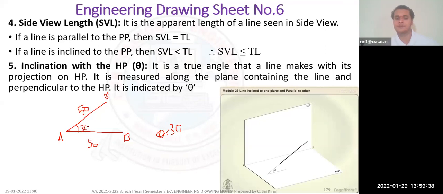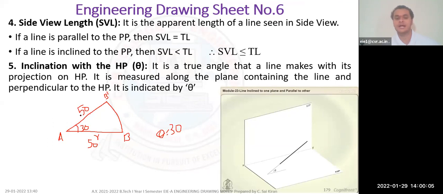So instead of giving this as 50, I'll take a compass. I'll keep my compass pointer here and my pencil here, and draw the arc. Where this arc touches this 50, that is the point.